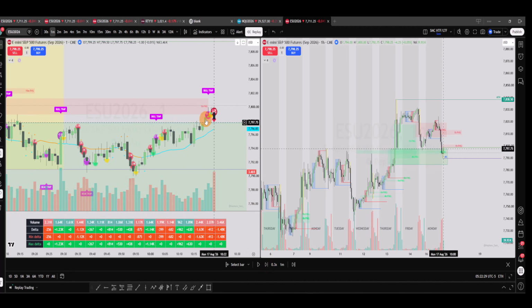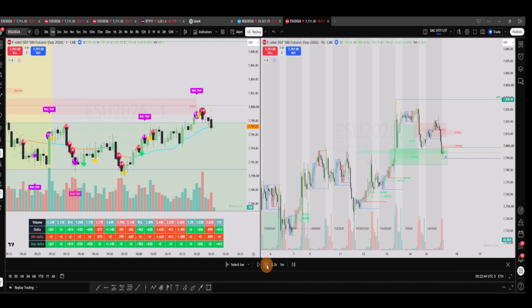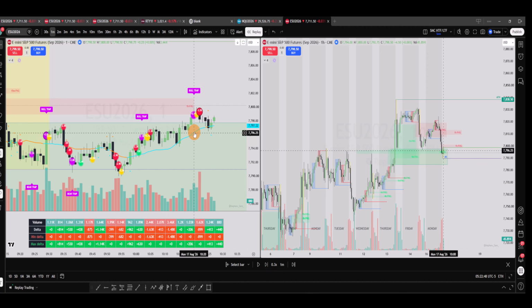As we look through here, now we want to see the bears come in and break this structure. At a very bare minimum, we want to see failure and a break of structure, and bears start to pile in. Let's see if we get that. Close, right? Came in close.